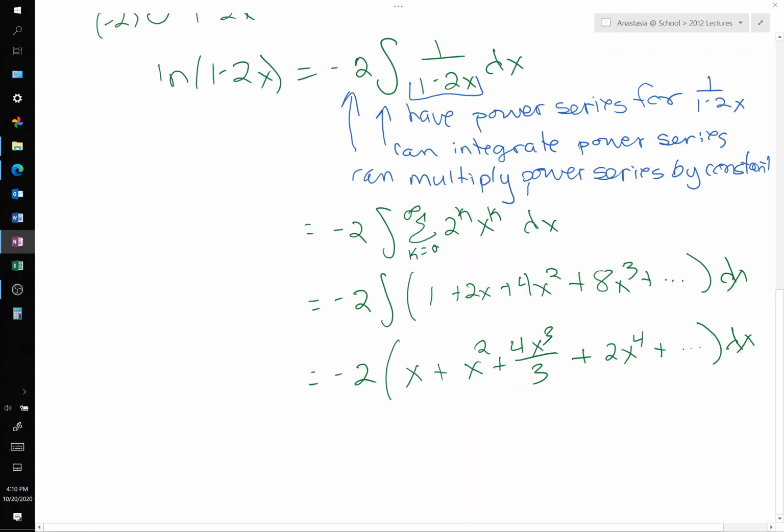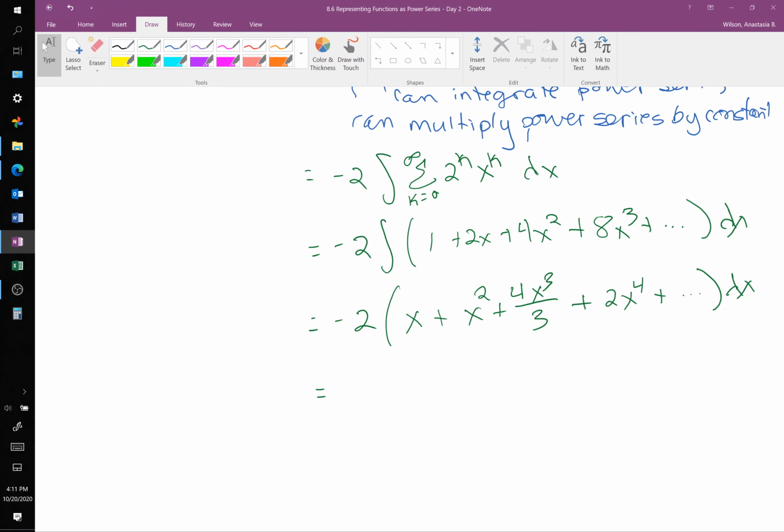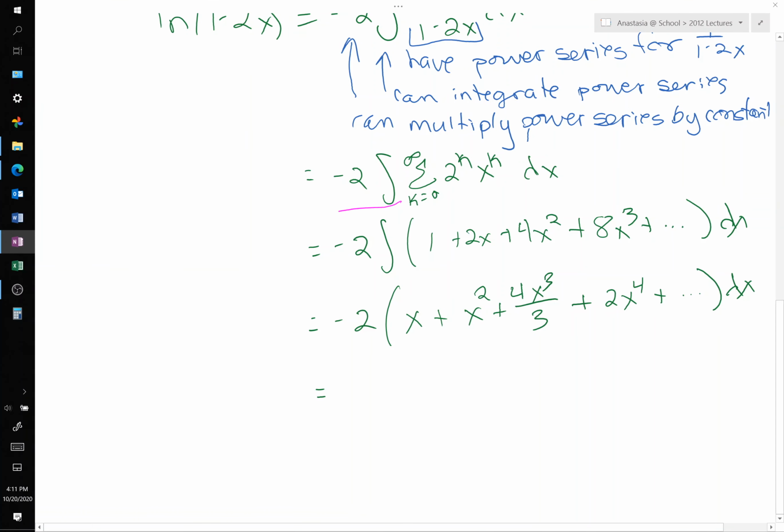But it'd be nice to have it written in closed form, which is this notation with the sigma and everything. In order to do that, we can do this one of two ways. We can look to see if we can find a pattern for these terms and then write it in terms of the closed notation, or we can go straight from the closed notation to here.